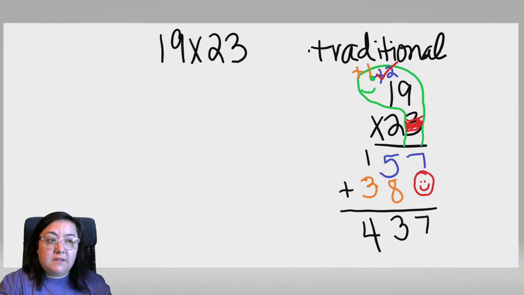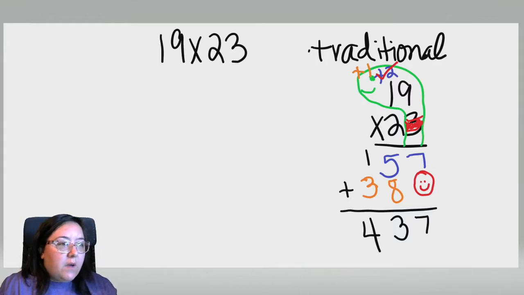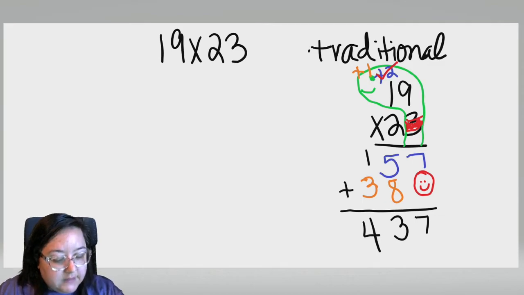It just means that their brain works a little differently than mine. So do not get discouraged if you do not think you're a math person. I guarantee you are. You just have to practice. So I am going to wipe this board, and we are going to continue with the window pane or lattice method.